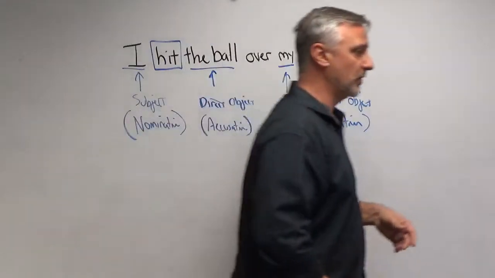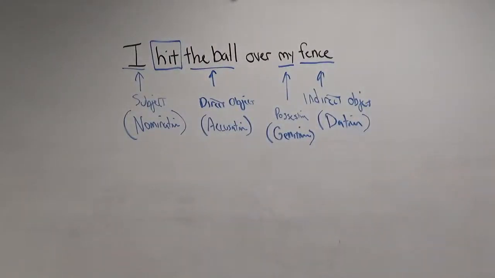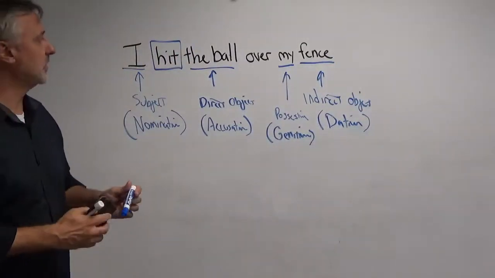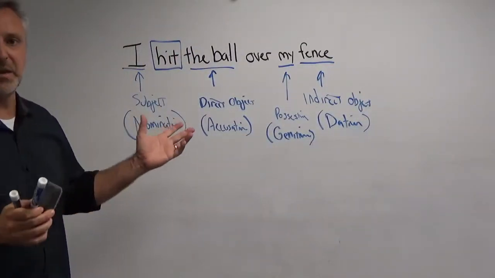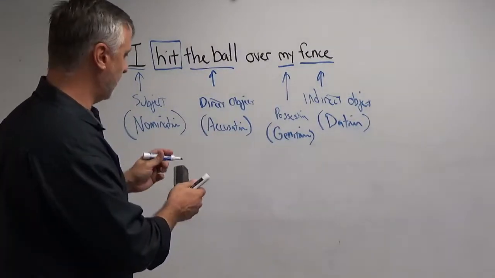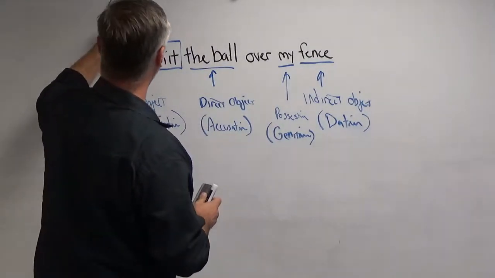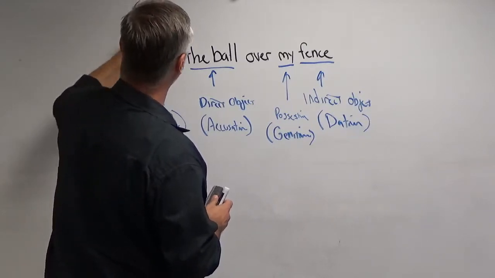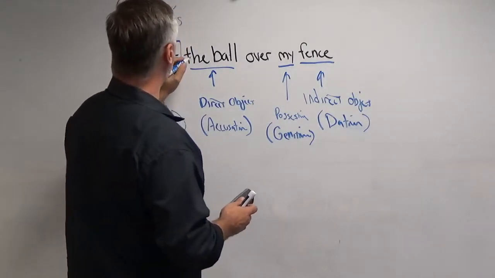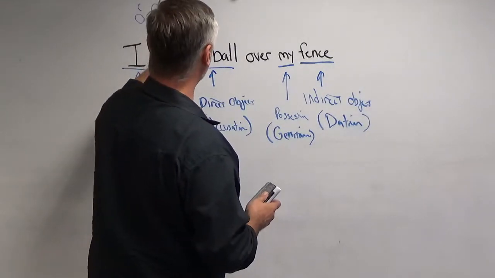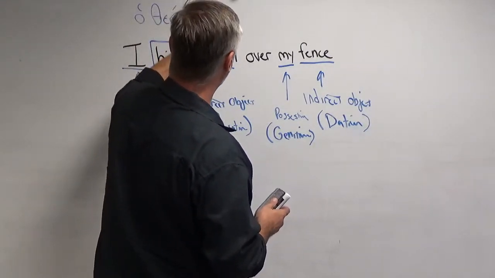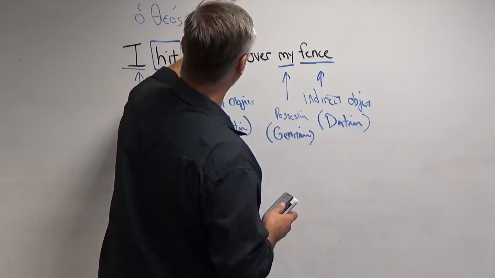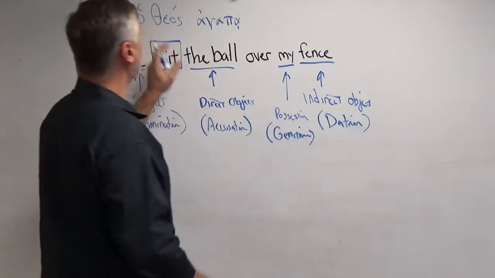Let me grab an eraser over here, and let me show you what I mean. Let's make up a sentence here. I want to say "God loves the apostle." God, ho theos. Loves, agapa.